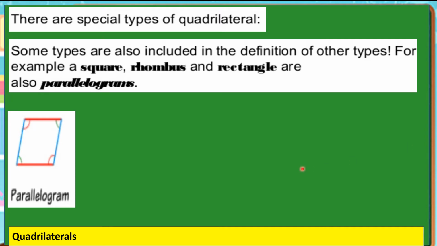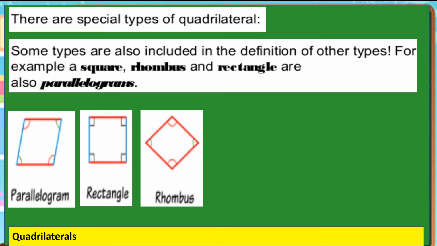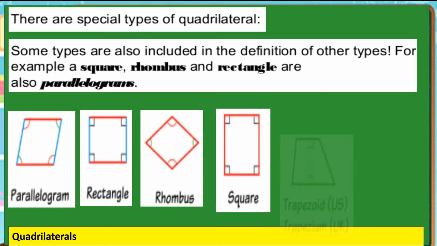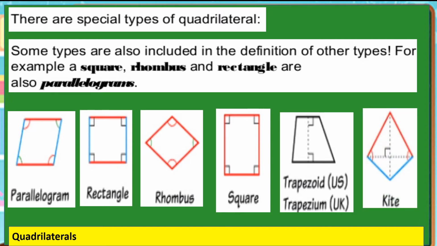Next, we have a rectangle, a rhombus, a square, a trapezoid or trapezium, and a kite. So these are the types of quadrilaterals.